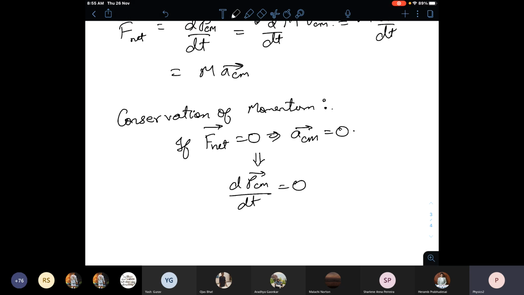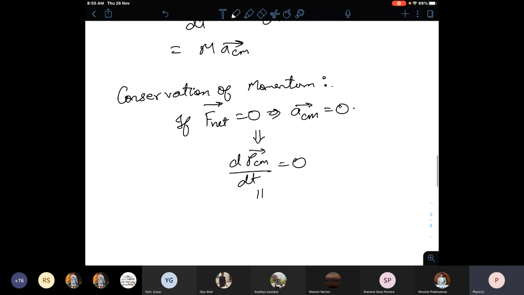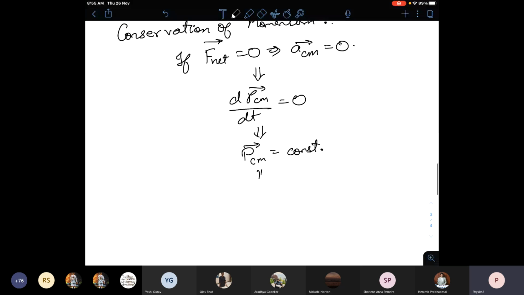Differentiation of anything will be 0 if that anything is a constant. So Pcm must be constant. Hence, I can say that the initial momentum of center of mass will be equal to the final momentum of center of mass if your net force is coming out to be 0. This is how you can see it in case of center of mass.